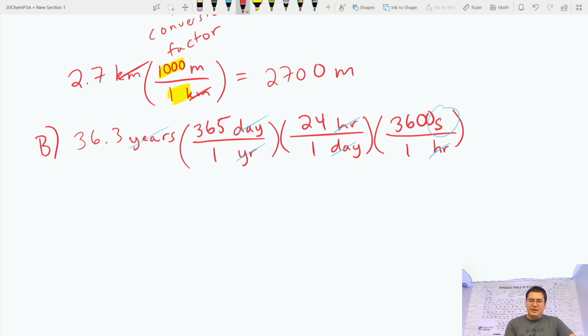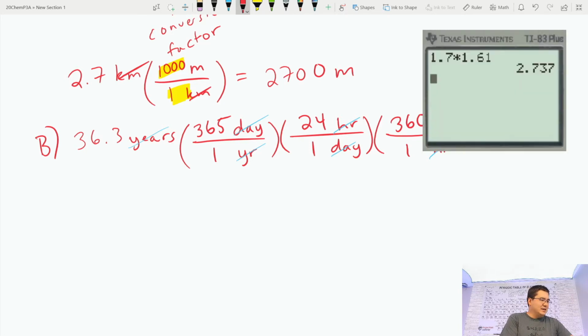Since there's only the number 1 in the denominators, I don't need to divide by 1 a bunch. So I'm just going to multiply. You guys will see me do this here. I'm going to take 36.3 times 365 times 24 times 3,600.